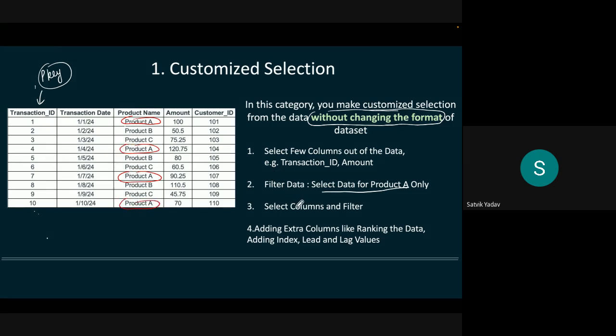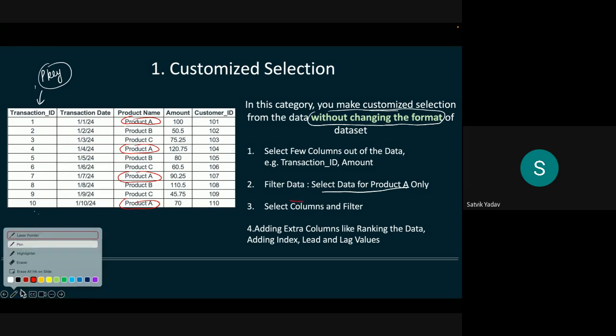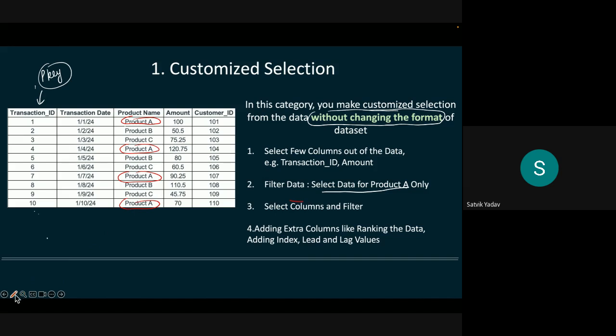And third is select columns and filter. Maybe I say, give me transaction date and product name for customers who did a transaction greater than $100. How will you do that question?